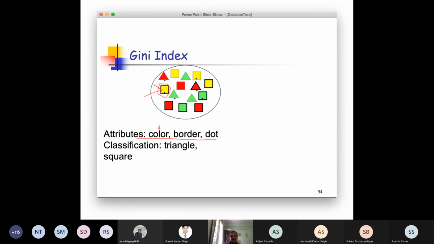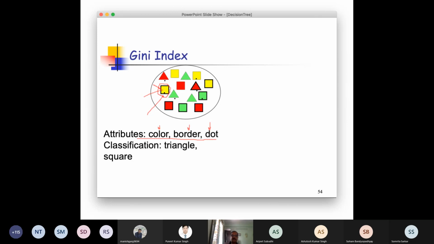Either it has a border or it does not, and it has also a dot, that means dot is yes. The value for dot is yes or no, the border value is yes or no, and the color value is red, green, or yellow. Is it clear? And what are the classes? Classes are either triangle or square.